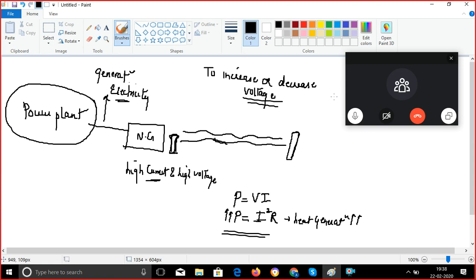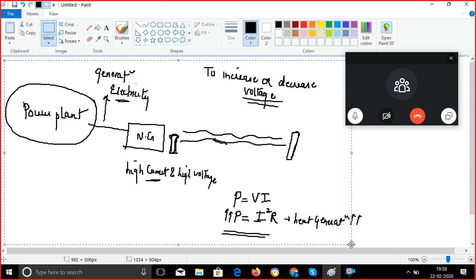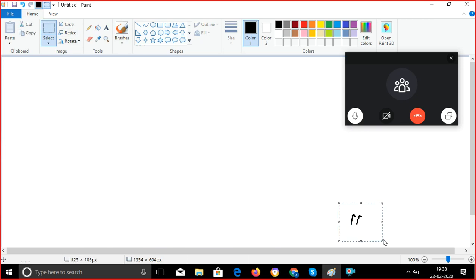Now if we see the structure of a transformer, the transformer works on the principle of mutual induction. So first tell me, what do you mean by induction?